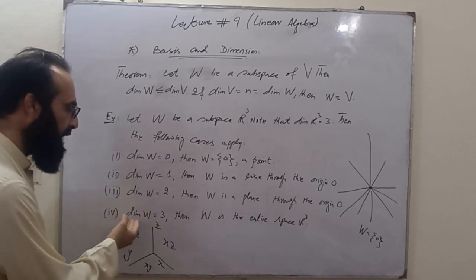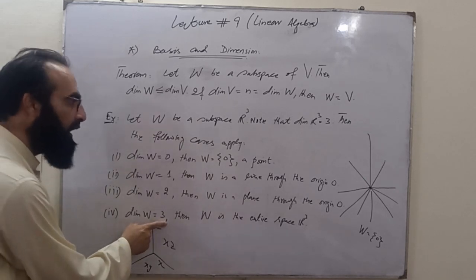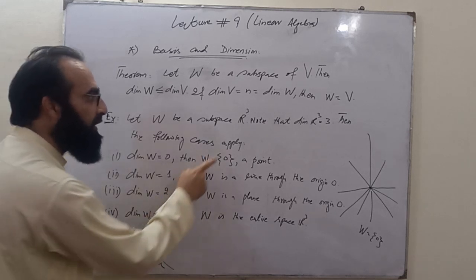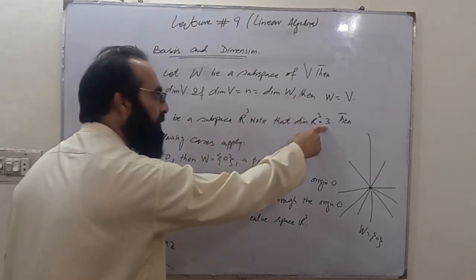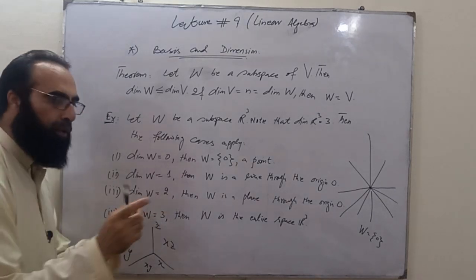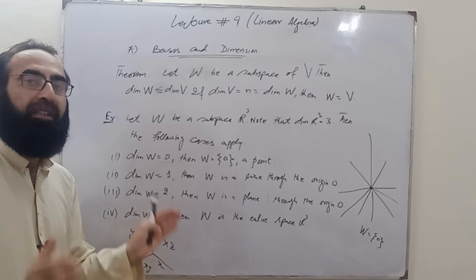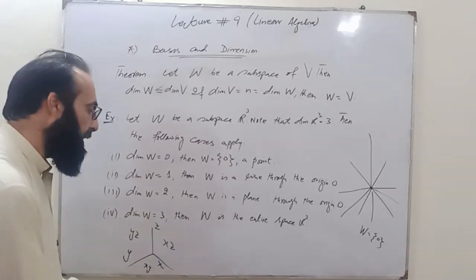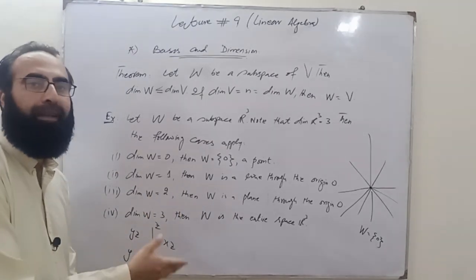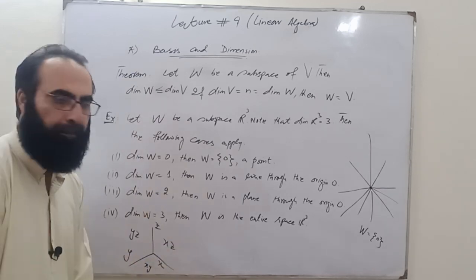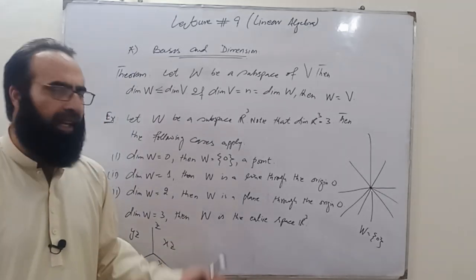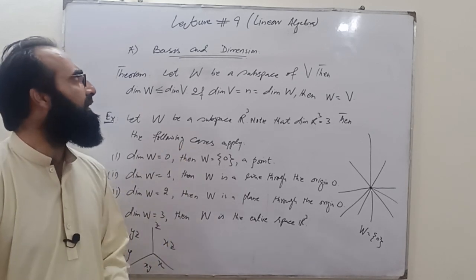Number 4, if the dimension of the subspace becomes 3, now look at the dimension of the vector space R cube, that is also 3. In this case, both the spaces W and V become the same, means both will represent the XYZ space completely. So this is the end of this lecture, basis and dimension.